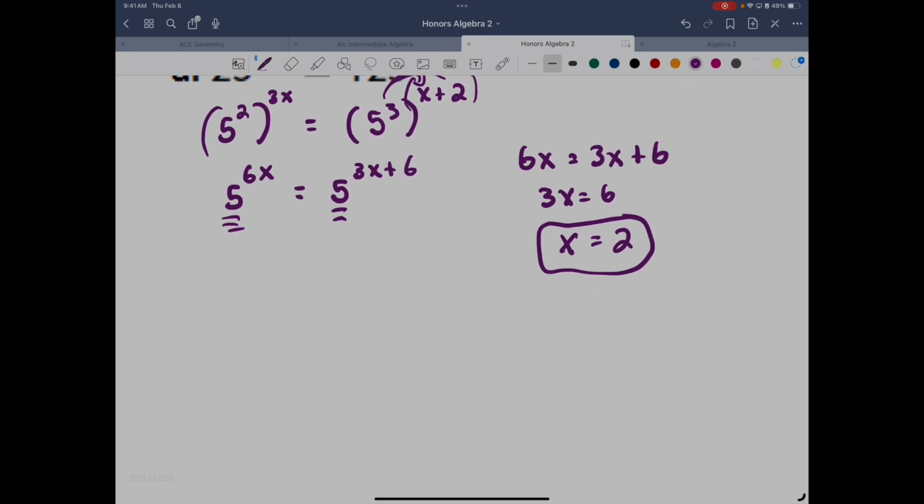Let's look at 6 to the x minus 2 equals 216.